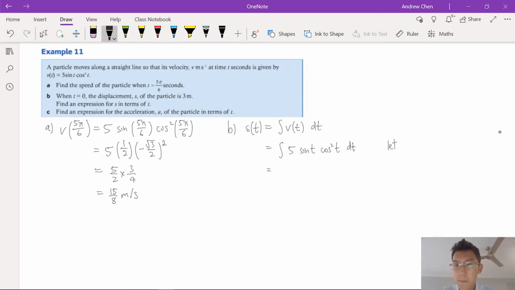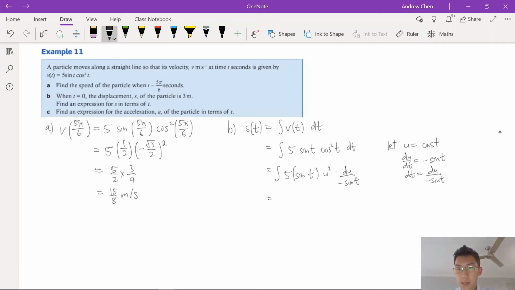So let u equal cos t. That means du dt equals negative sine t, and then dt equals du on negative sine t. So we're going to substitute this in. 5 sine t, now it's u squared, and for dt we sub in du over negative sine t.